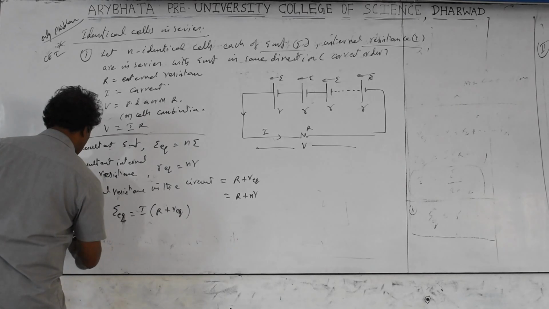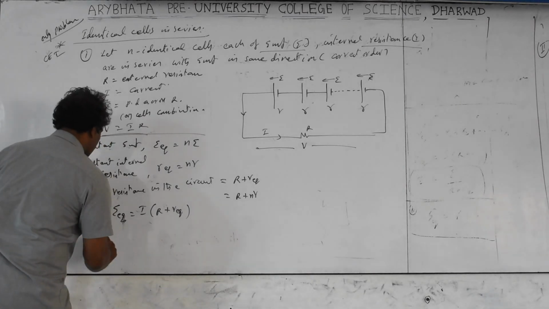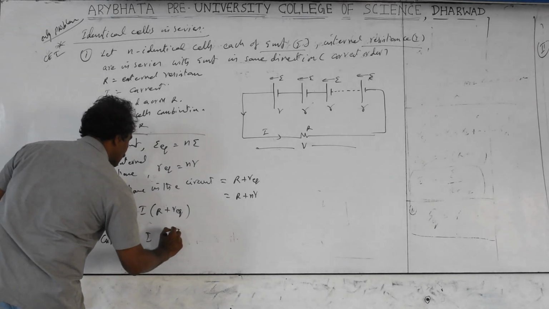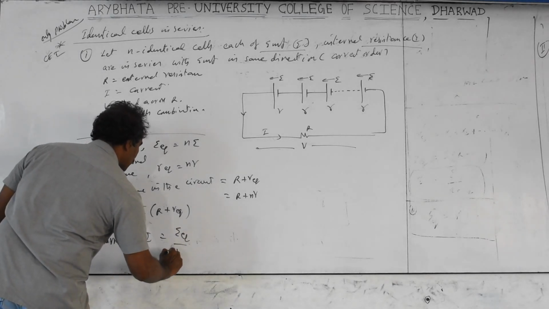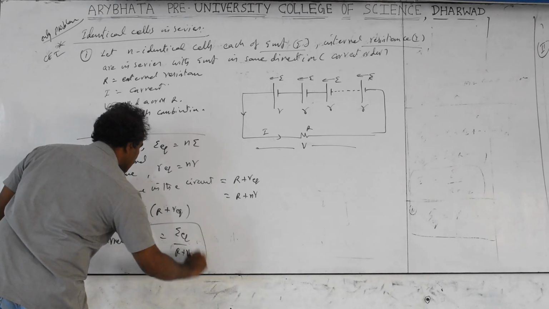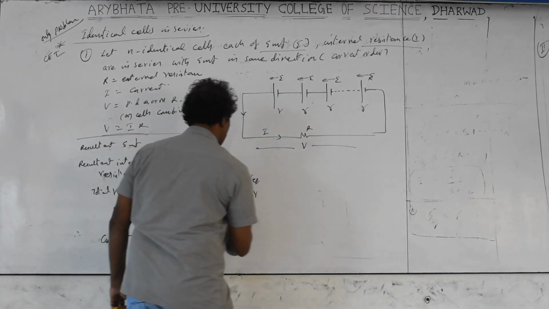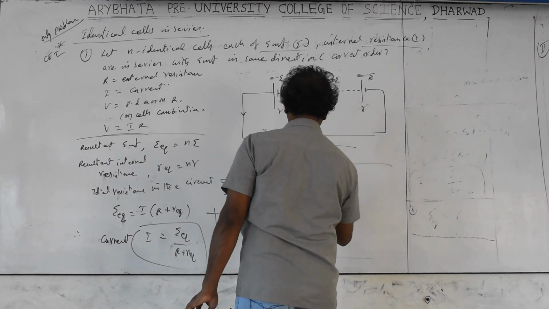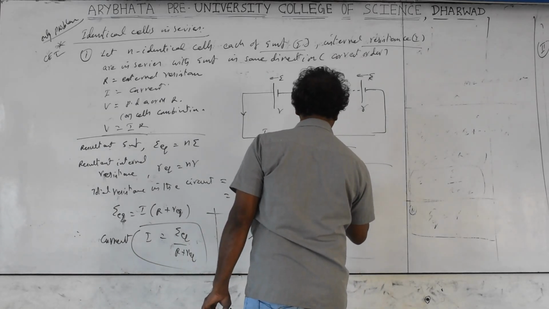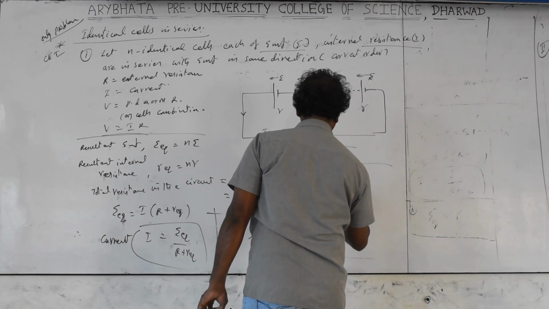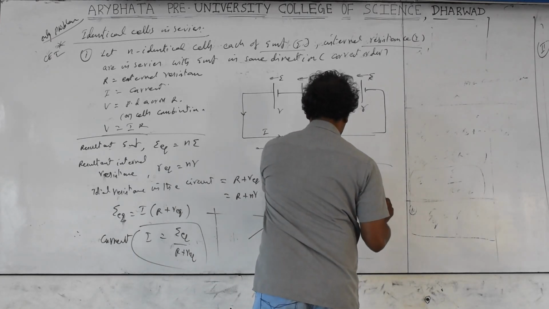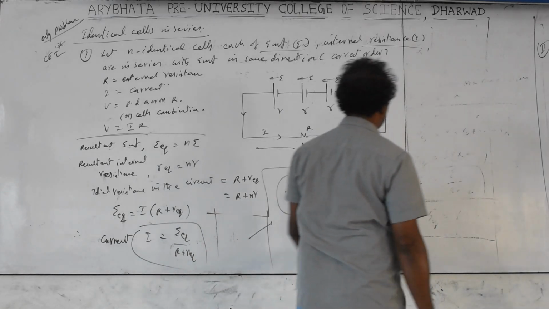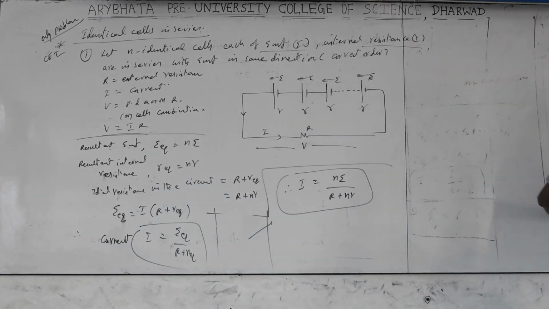Therefore, the expression for current is important: I is equal to E equivalent by R plus r equivalent, which is I equal to nE by R plus nr. Please remember this relationship.